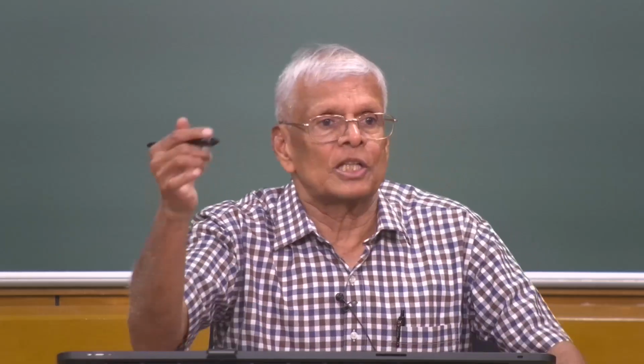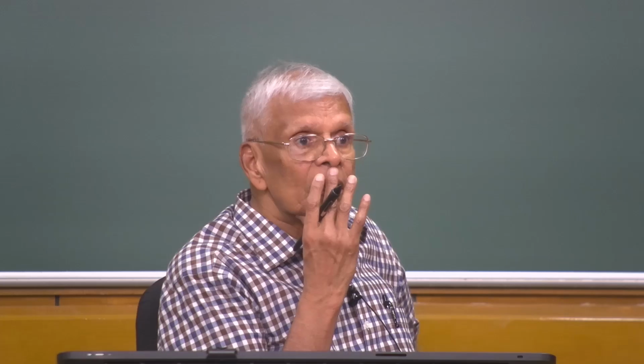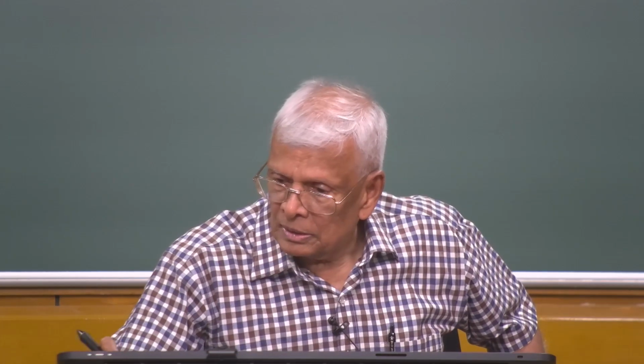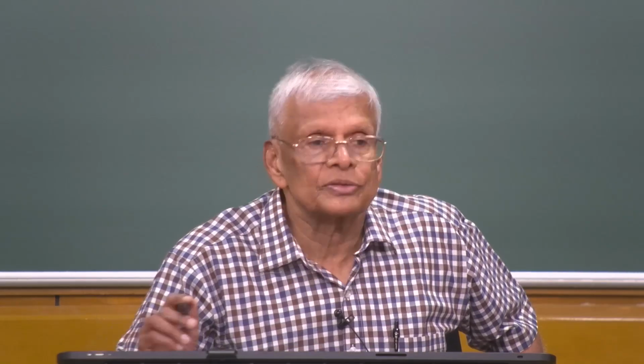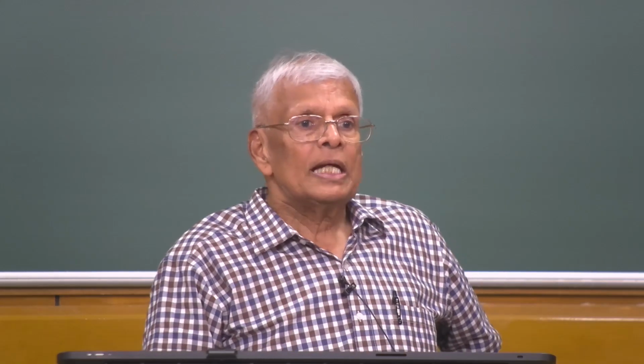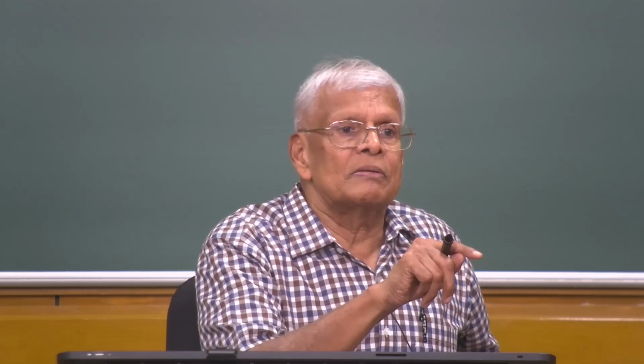Now I want to ask myself the following question. Does there exist a direction x such that Ax is proportional to x? Are you with me? Proportional to x means what? A constant multiplier, equal to lambda times x. Multiplying a vector by a constant means what? It's simply scaling.